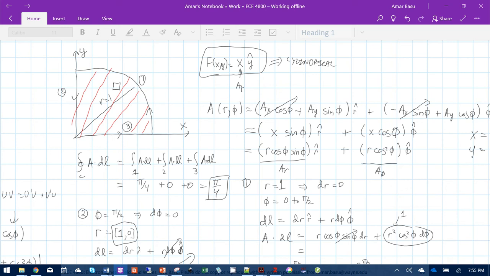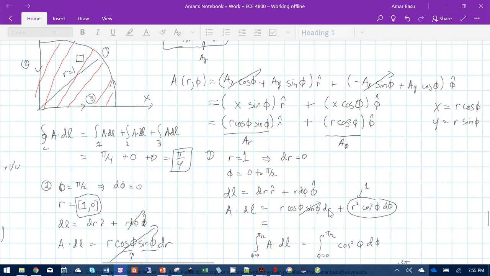So the equation that defines this quarter circle is r equals 1. Now, once we define an equation for the line, we can then find what dl is. Once we find dl, we can find what A dot dl is. That's the process. We figured out an equation for the line, r equals 1. If we differentiate that, then dr is equal to 0.